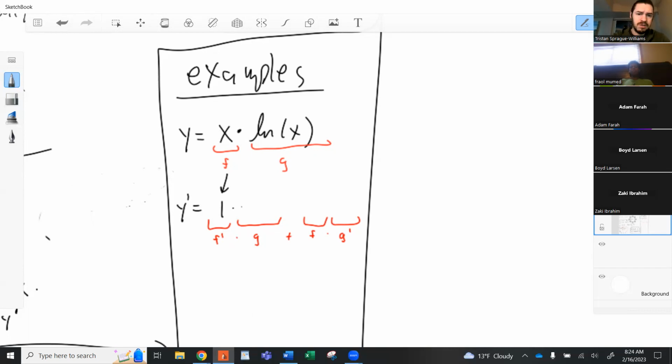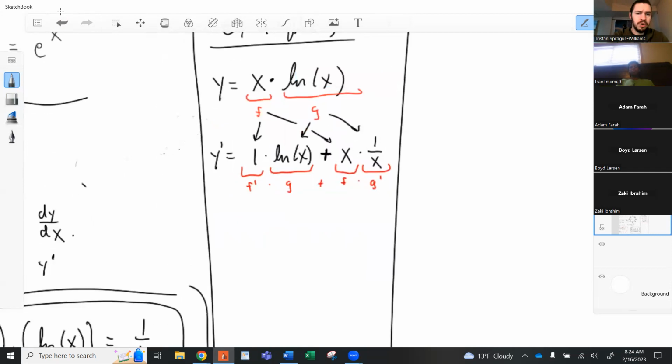Times g. G is the natural log of x, so I can just copy that in. Then we get the plus. Original f here is x, and then we do g prime. And the derivative of our natural log of x we just learned is 1 over x.